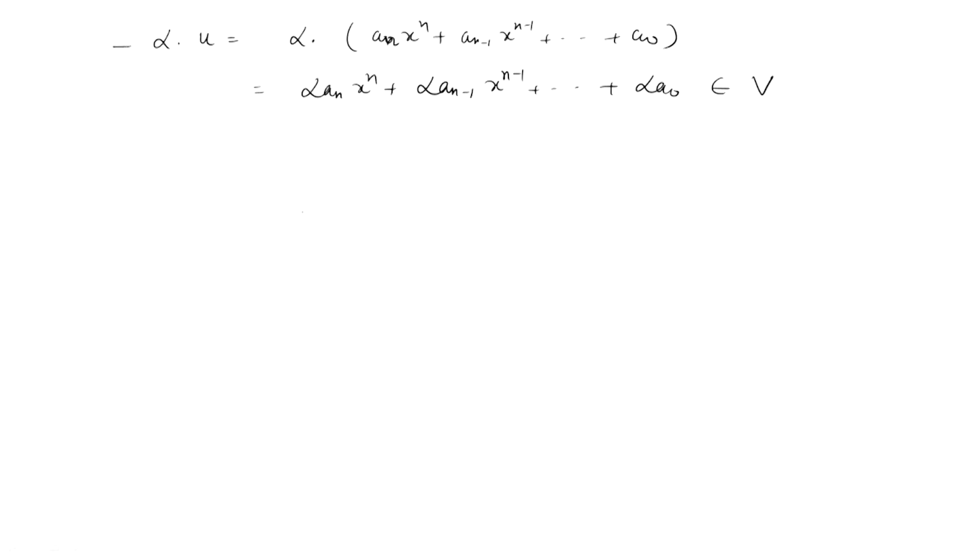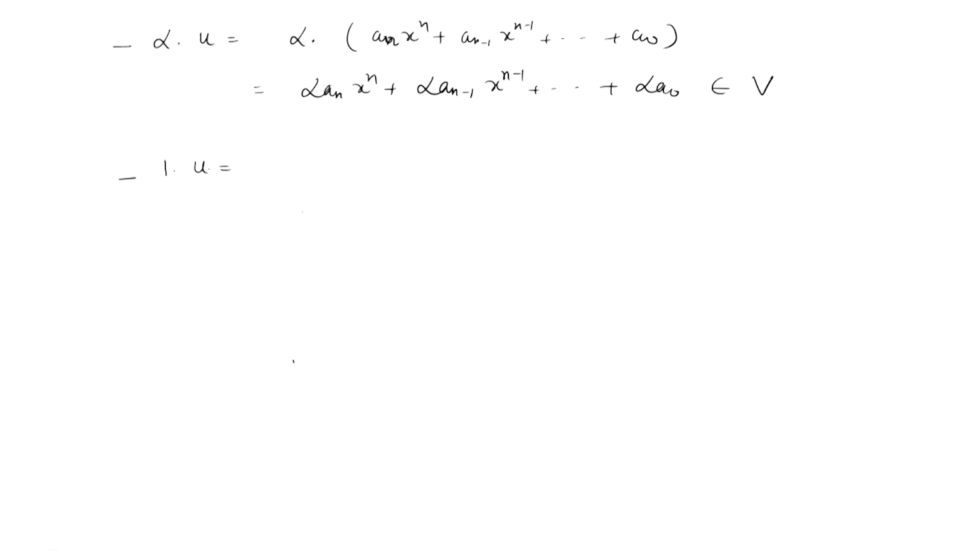So, the first property with respect to scalar multiplication is satisfied, which is closure. The second is 1 dot u. If you take alpha as 1, so it is simply a n x raised to power n plus, substitute 1 here in place of alpha, a n minus 1 x raised to power n minus 1 and so on a naught, which is equal to u for all u in V. So, the next property also holds.